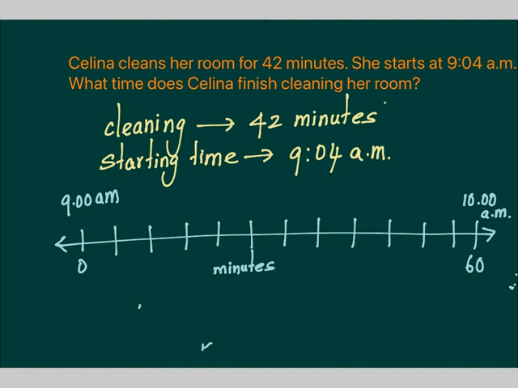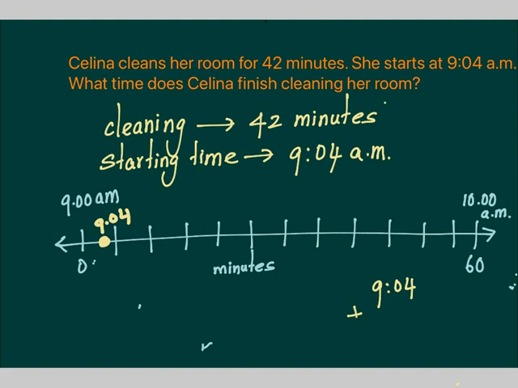And I have labeled 9 a.m. about 0 minutes, and about 60 minutes I have labeled 10 a.m. What we know is she started at 9:04, so 9:04 a.m. must be here, and then she was cleaning for 42 minutes. Let us add vertically and find out.